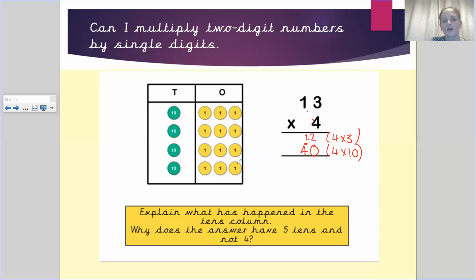Okay, and if we add, so let's see, we can have 1, 2, 3, 4, 5, 6, 7, 8, 9, 10. Those 10 counters would be exchanged for a tens counter here, and we're left with 2. And if I add those together, then I have 1, 2, 3, 4, 5. I have 52. And if we add these ones, we get 52.